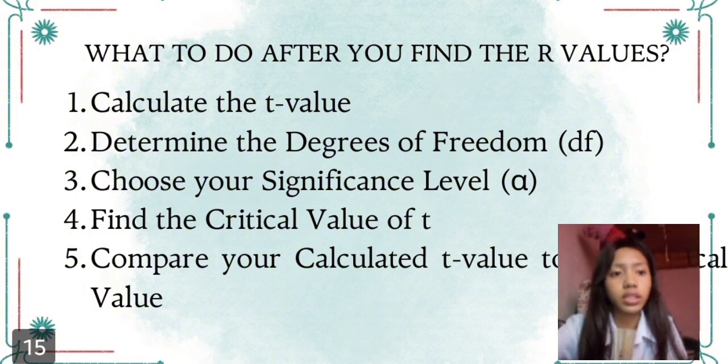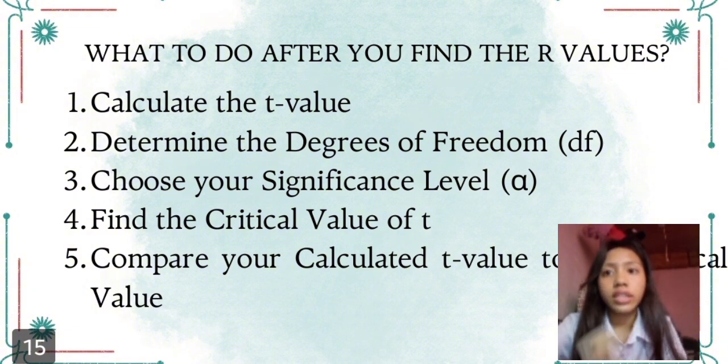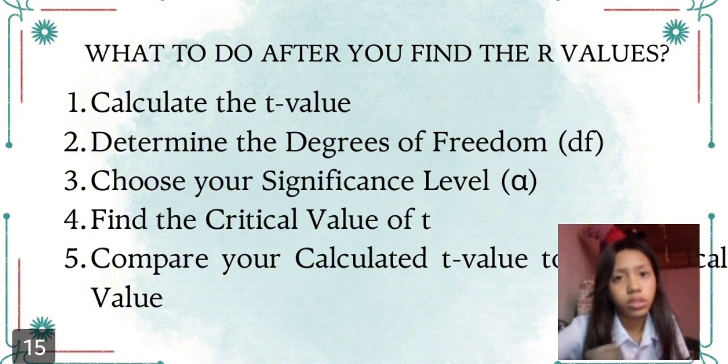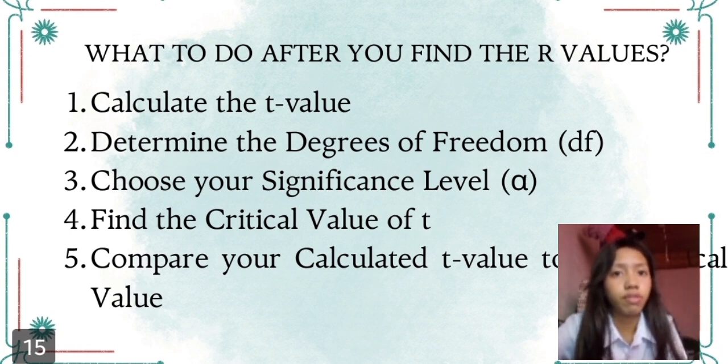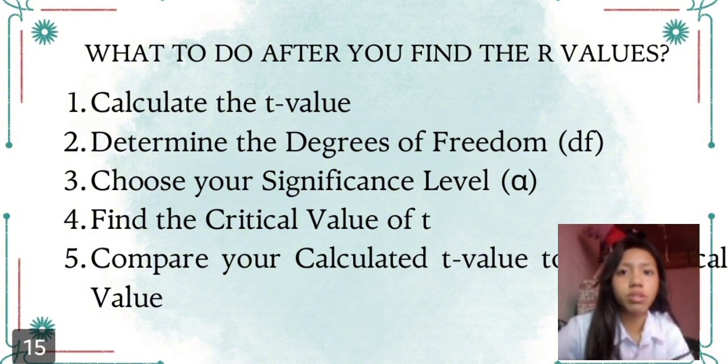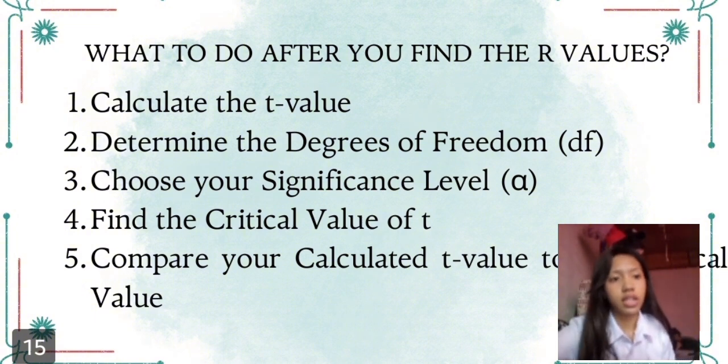Next, choose your significance level. You can decide what significance level you'll use, and today, for the example, I'm going to use 0.05. After you find your significance level, you find the critical value, which is obtained from a t-distribution table or statistical software. It is based on the degrees of freedom and the significance level.